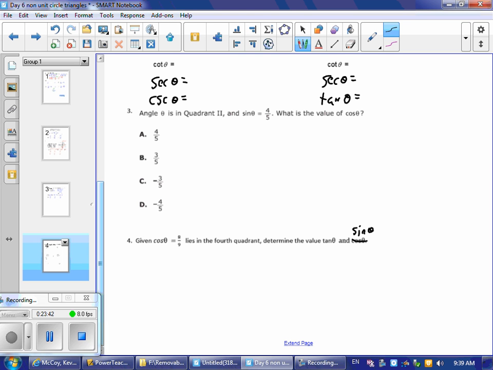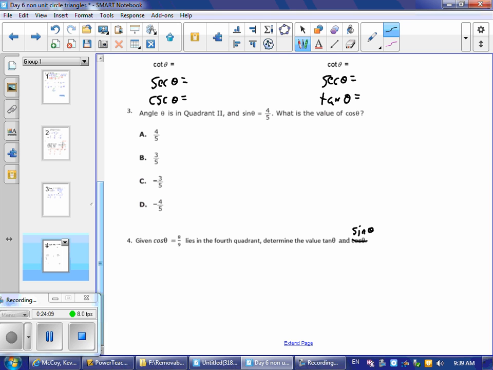Now, what you're going to run into here on number 4 is something when you do the Pythagorean theorem that is not a perfect square. So when you try to take the square root, a lot of you guys are going to want to use decimals. Do not use decimals. If the square root does not work out, say you get the square root of 15, that is not a perfect square, so you just leave it as the square root of 15, and it's okay to have that.